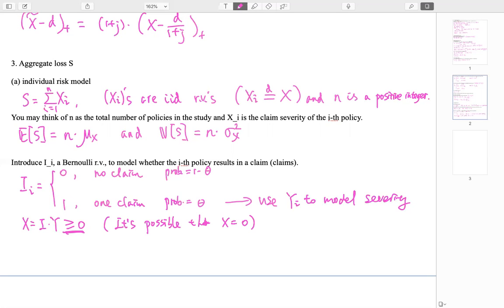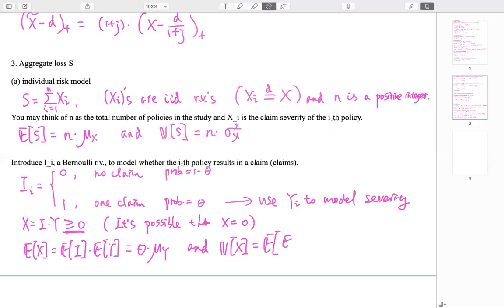From there, what you usually do is you can apply the Tower rule, right? For instance, this would be when your condition would be the theta times mu y, and the variance of X. Well, you should know this is not E. The symmetrical formula, expectation of conditional variance plus variance of conditional expectation.